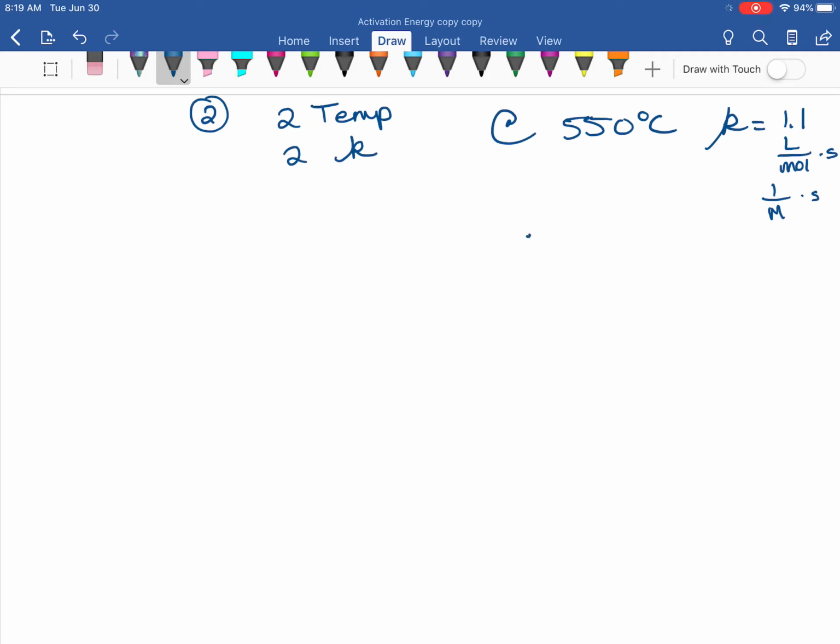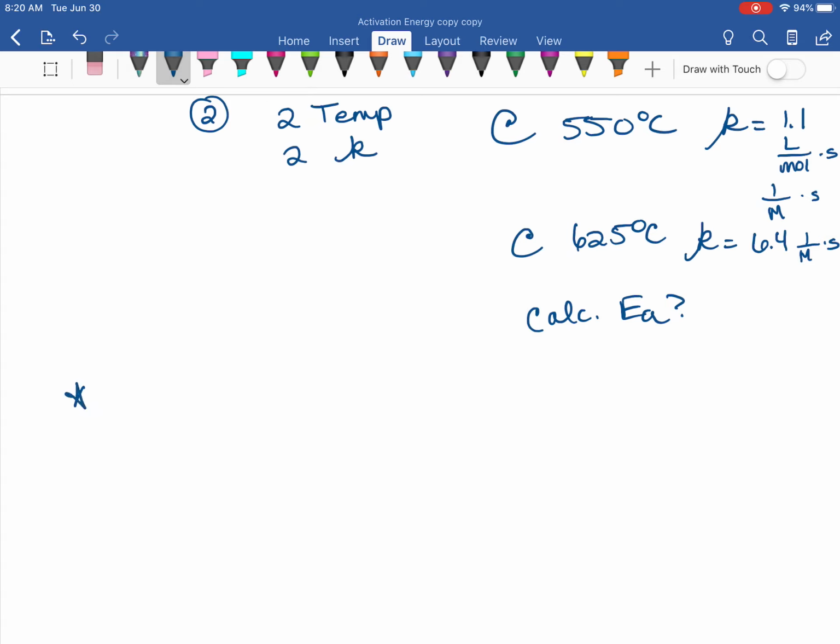And then what if we look at a second temperature? How about 625? We go a little bit hotter and we recalculate k, and it is 6.4. Okay, done. Can we calculate activation energy?